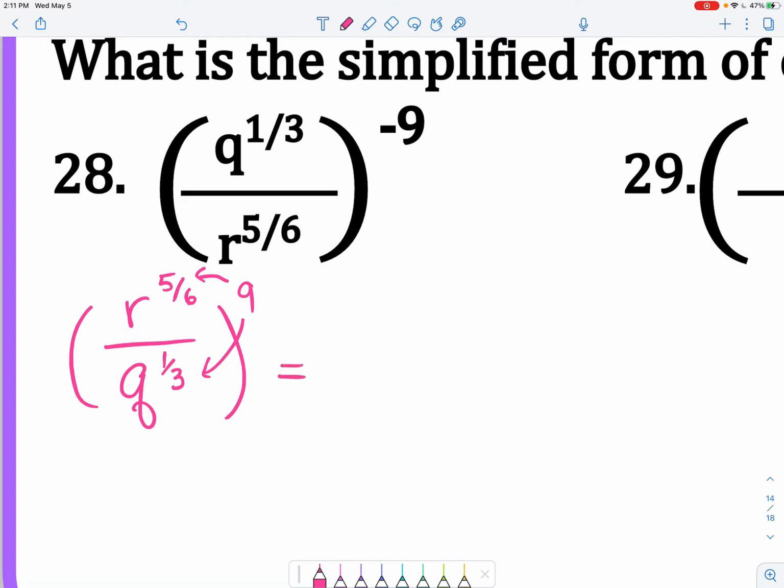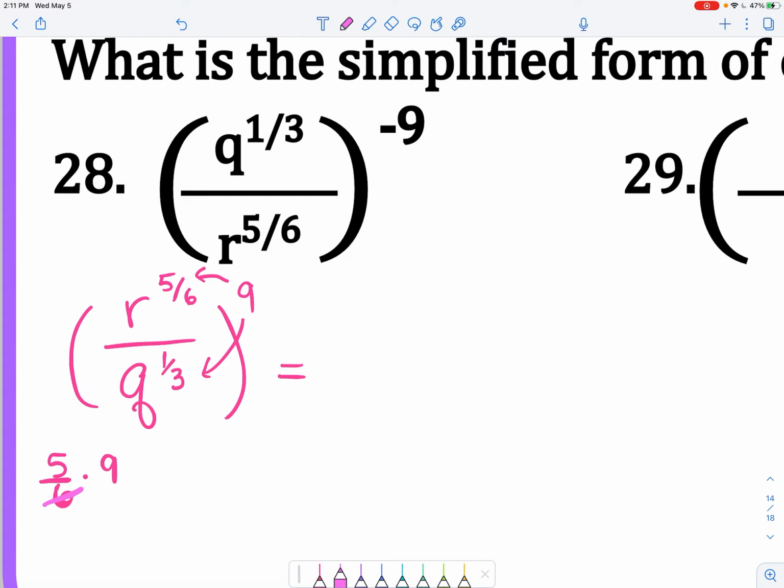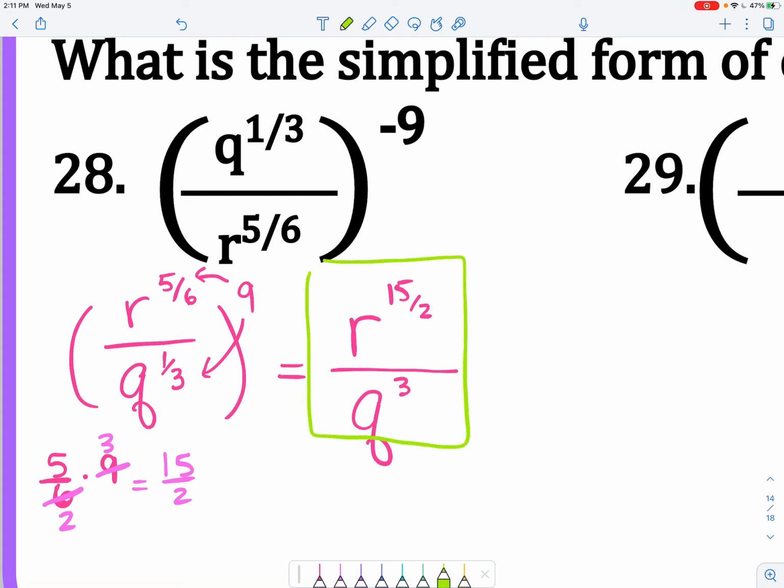I'm going to multiply that 9 to each of my fractions here. Let's see, 5/6 times 9. That's going to cross reduce to give me a 2 and a 3. So I get 15 over 2. So r to the power of 15 over 2 over, and then 1/3 of 9, I can do that in my head. 1/3 of 9 is 3.